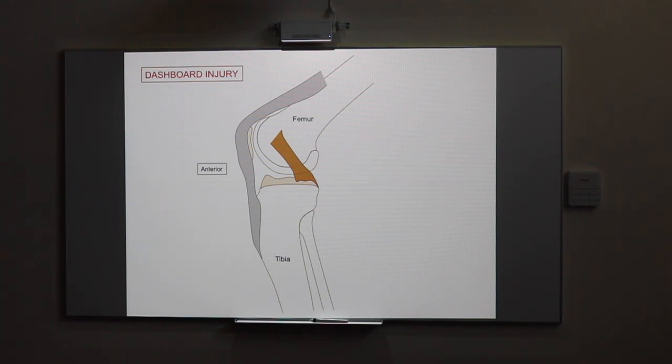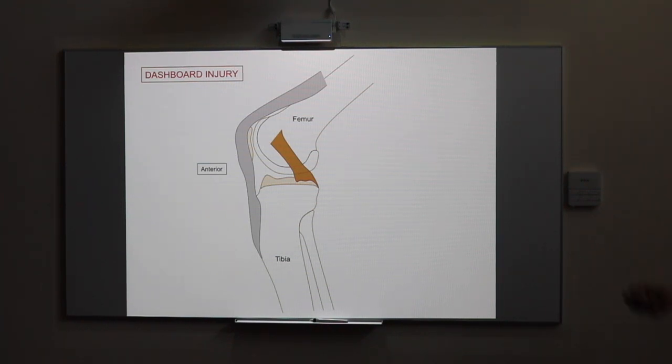If you are hit by a sedan, your tibia will be broken. But if you are hit by an SUV, your abdomen will be ruptured, because an SUV is high. So injury from a bumper, from a sedan car, will damage your tibia.